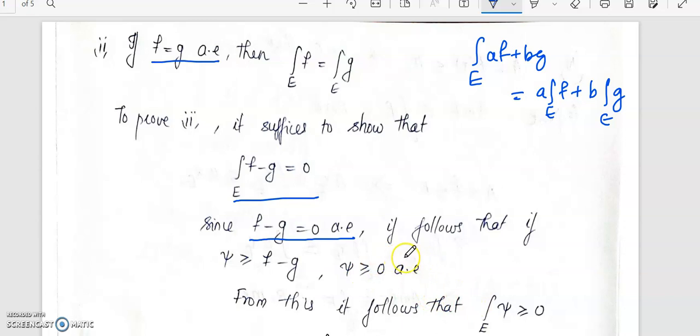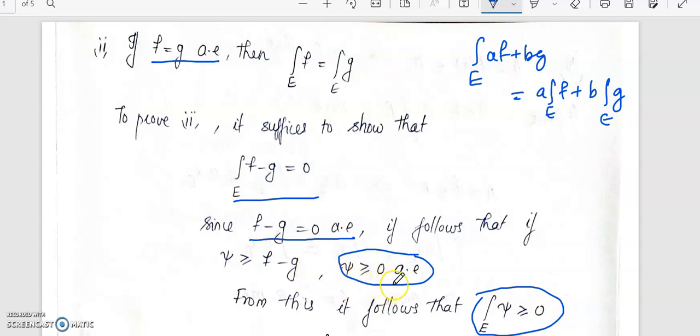Now if xi is greater than or equal to 0 almost everywhere, when we saw the properties of simple functions earlier, we have seen that if xi is greater than or equal to 0 almost everywhere, then integral over xi will be greater than or equal to 0. So we have seen this result previously in the case of simple functions.